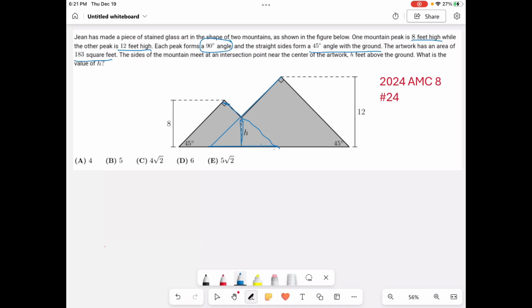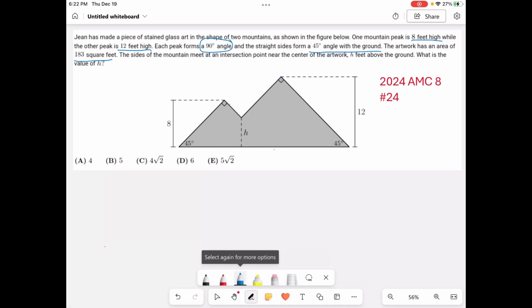So in order to find h, we have to find what this overlapping area is and cancel it out. Because if we count this area and this area, we're counting that triangle h twice. So if we find the area of that triangle, since this and this is going to be equal, we can find the value of h. So let's get started then.